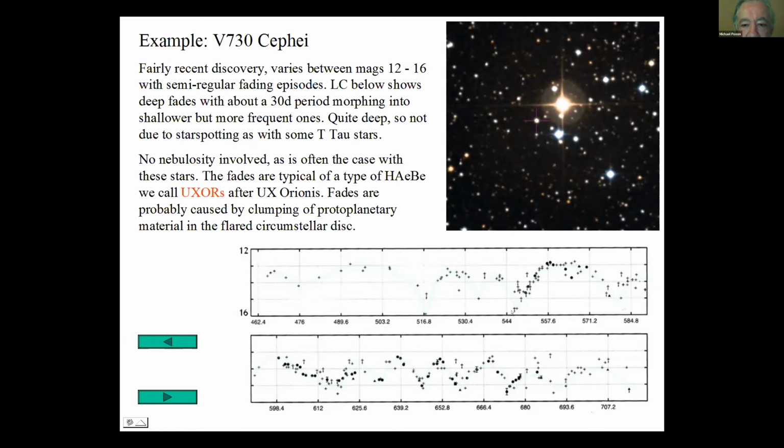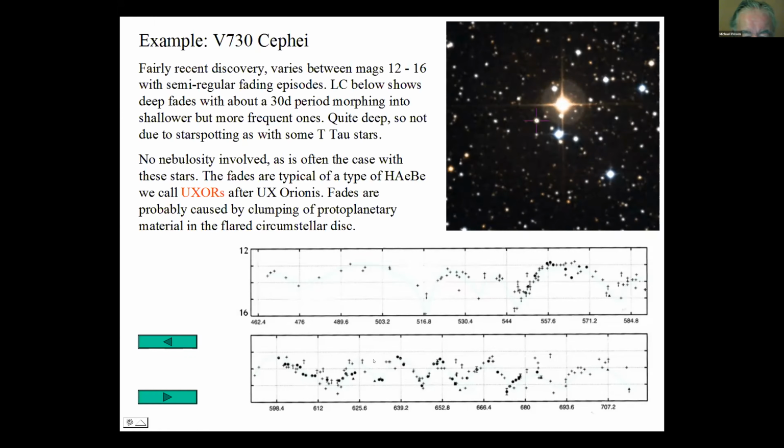We think what's happening is this star is probably forming a system of planets, and the material that's going on to form the planet or planets has come between us and the star. It's cut a large amount of the star's light off, so it's made it fade very deeply here.